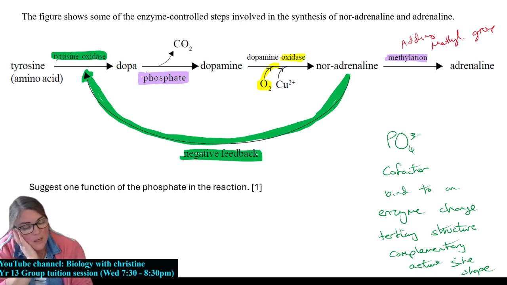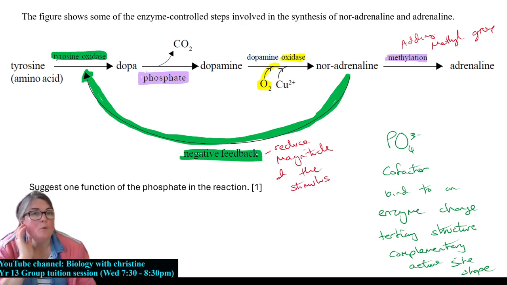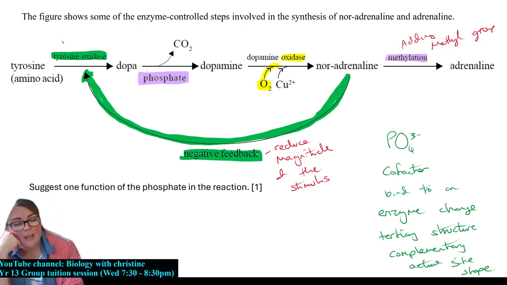So reminding myself, negative feedback is where I'm going to reduce the magnitude of whatever the stimulus may be. So if I'm going to reduce the magnitude of the stimulus, in this case, the noradrenaline is going to inhibit the production of itself.